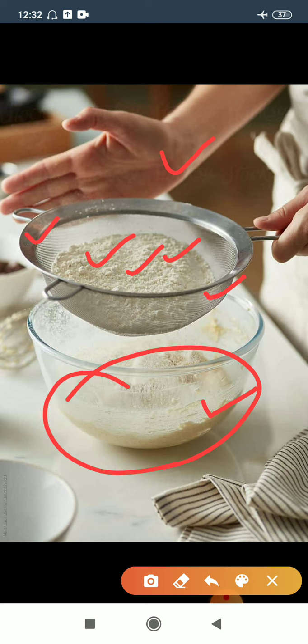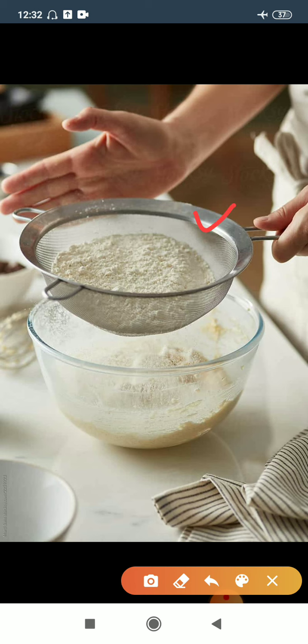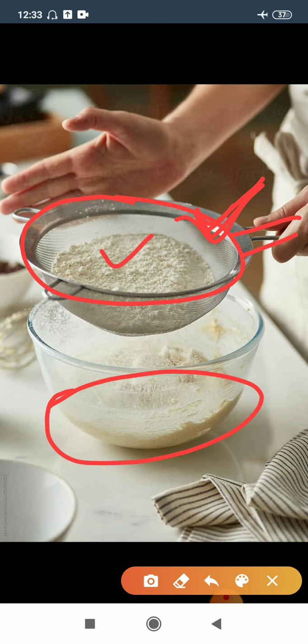This implement, this vessel, is called a sieve. With the help of this sieve, we can easily separate this fine flour from this solid impurity or solid component.